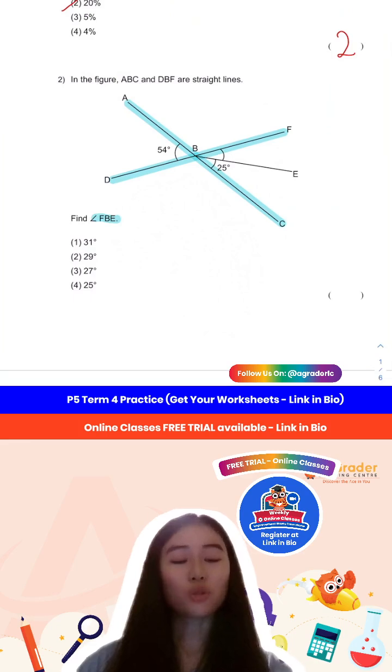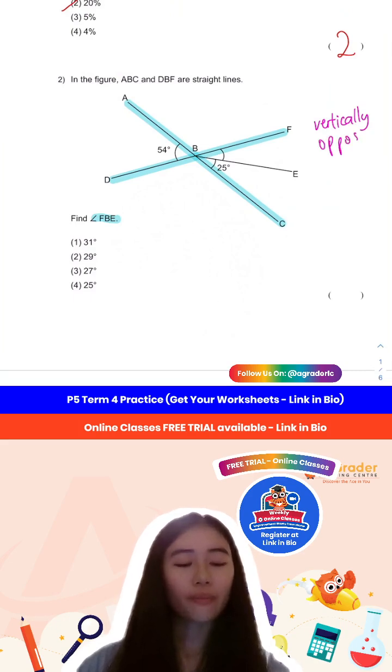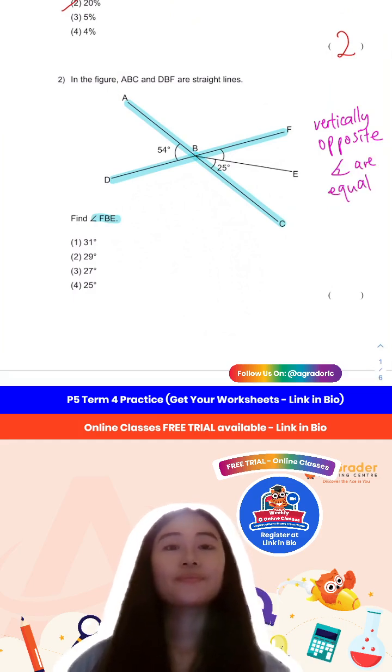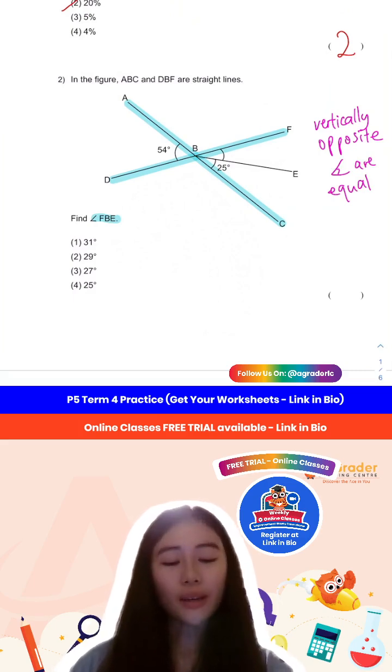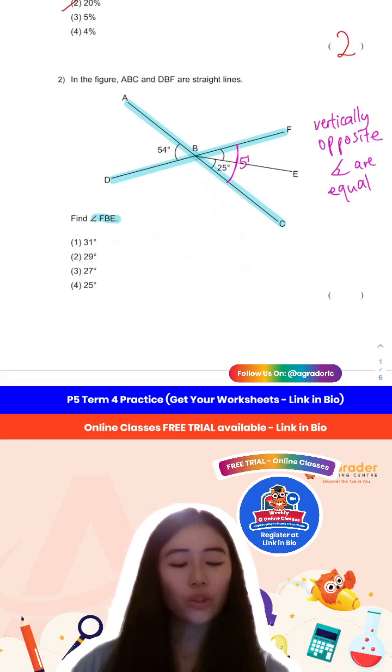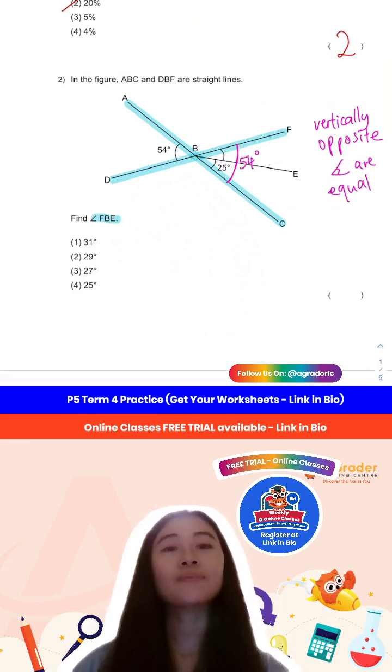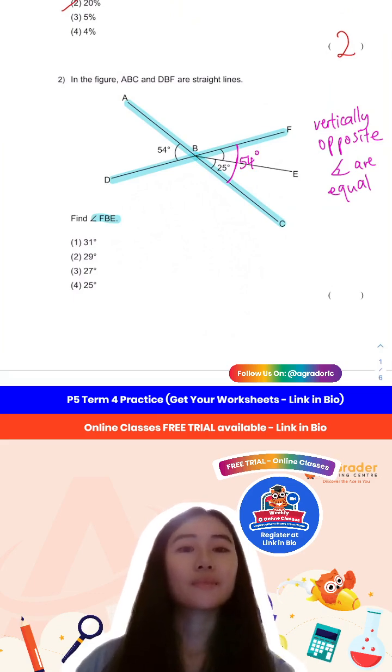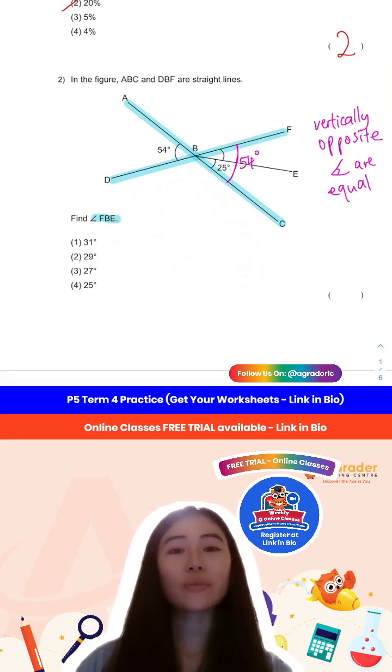So you learned in school that vertically opposite angles are equal, right? So let me just write down for you. This means that 54 is equal to angle FBC, which is also 54. So these 2 angles are vertically opposite, therefore they're equal.